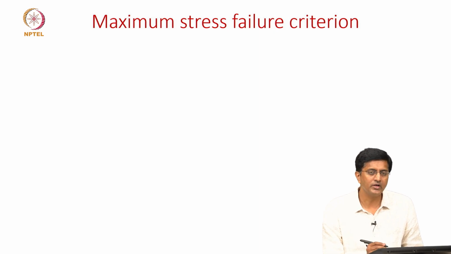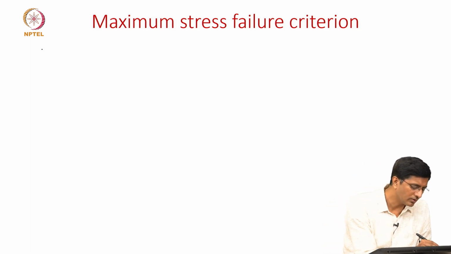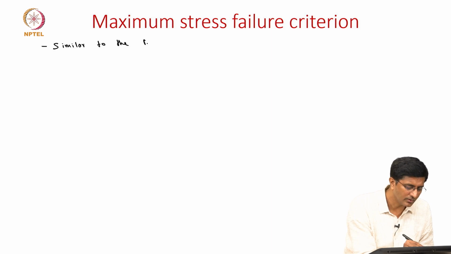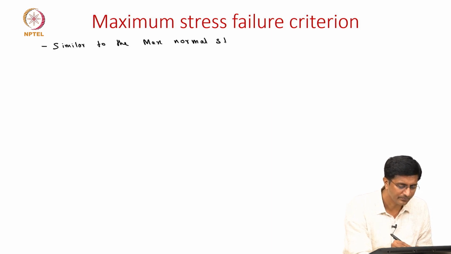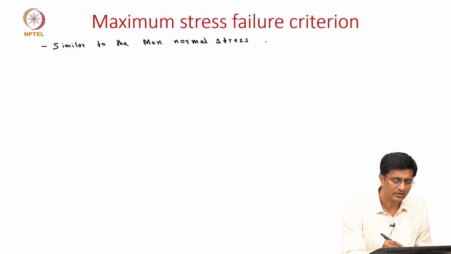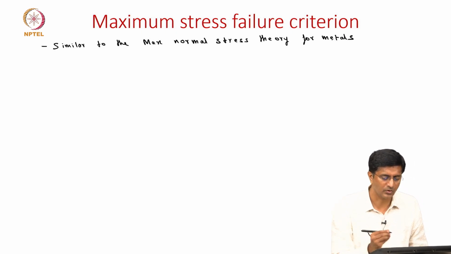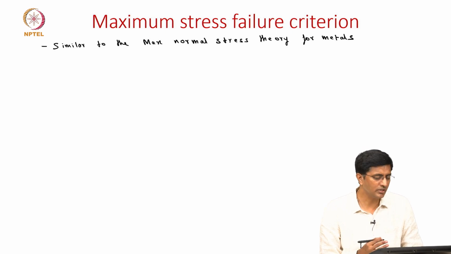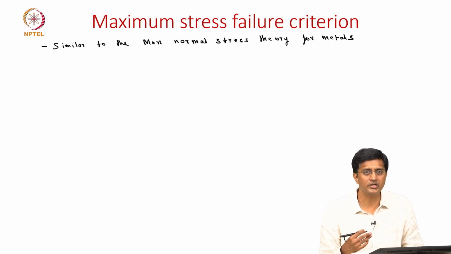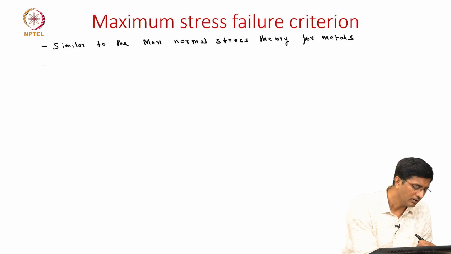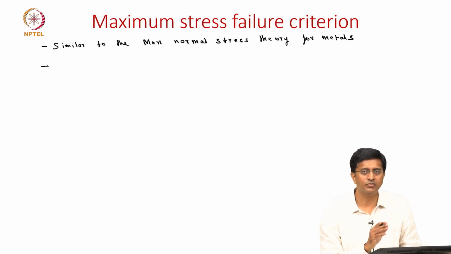The maximum stress failure criteria is something we are familiar with because it is similar to the maximum normal stress theory for metals. Essentially, we say whether a material is safe or failing just by comparing with the failure strengths.